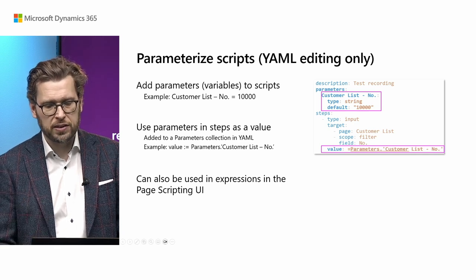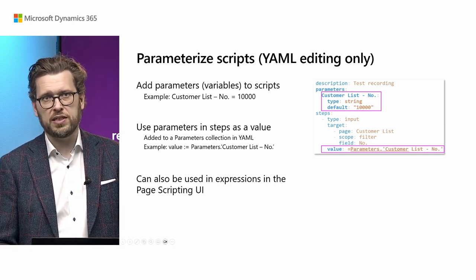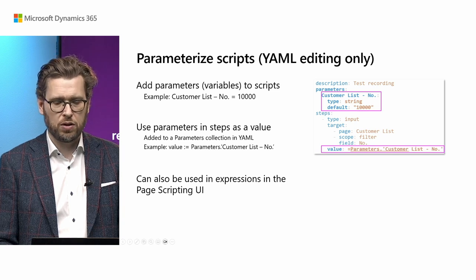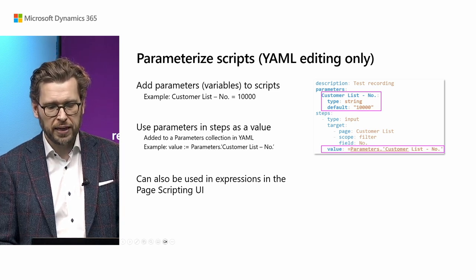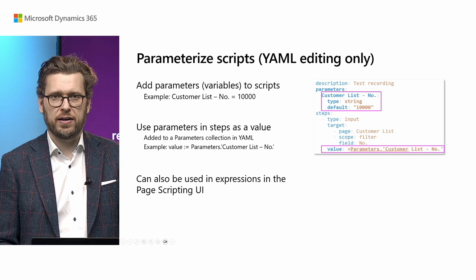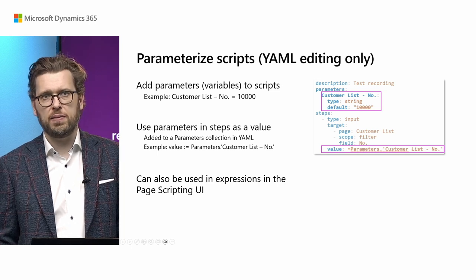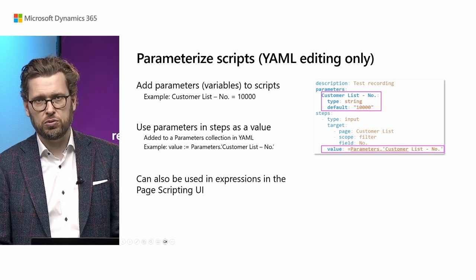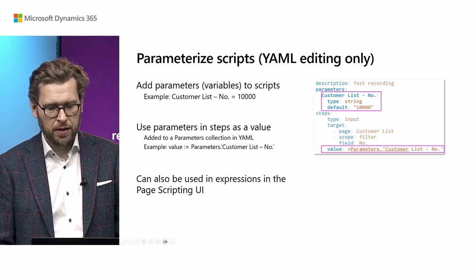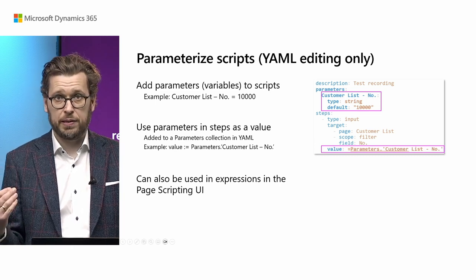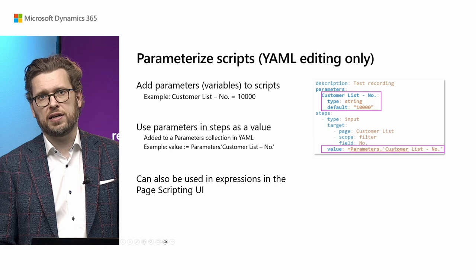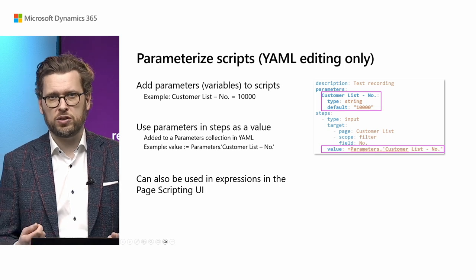So in the example, you see we have the parameters node in the YAML file, and we specify a parameter called customer list number where we set the value to 10,000. And then in the steps, you can use that. So you can call up the parameters collection.